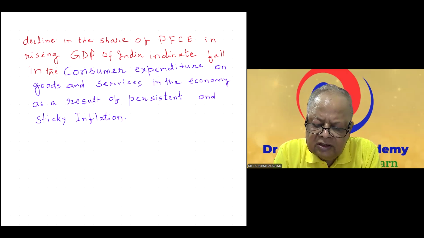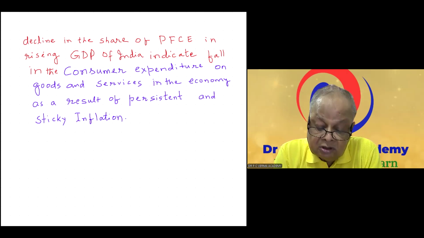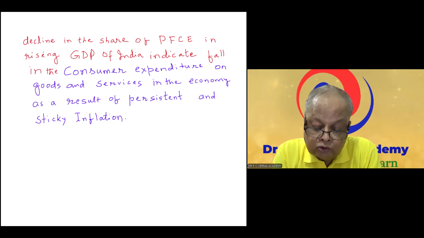Many factors such as intense heat waves, vagaries of monsoon, crop damage, uncertainties in the international commodity prices may aggravate the food inflation situation going ahead.